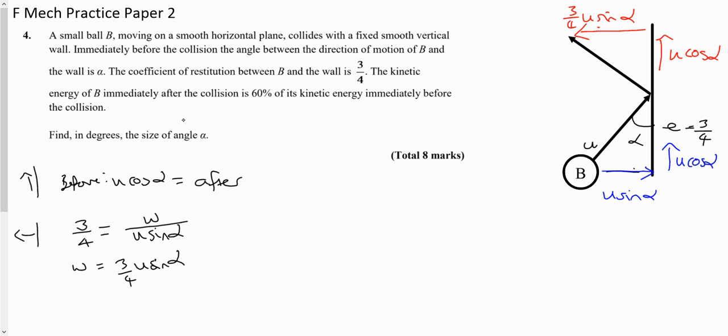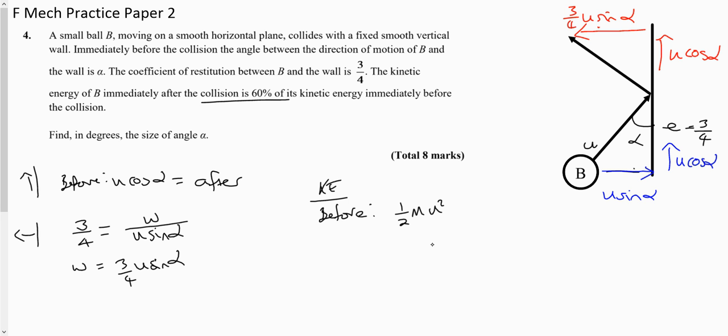What I want to do now is use the information they've given us. The kinetic energy after the collision is 60% of the kinetic energy immediately before the collision. So now we're going to look at our kinetic energy. Before, that's going to be a half m u squared.